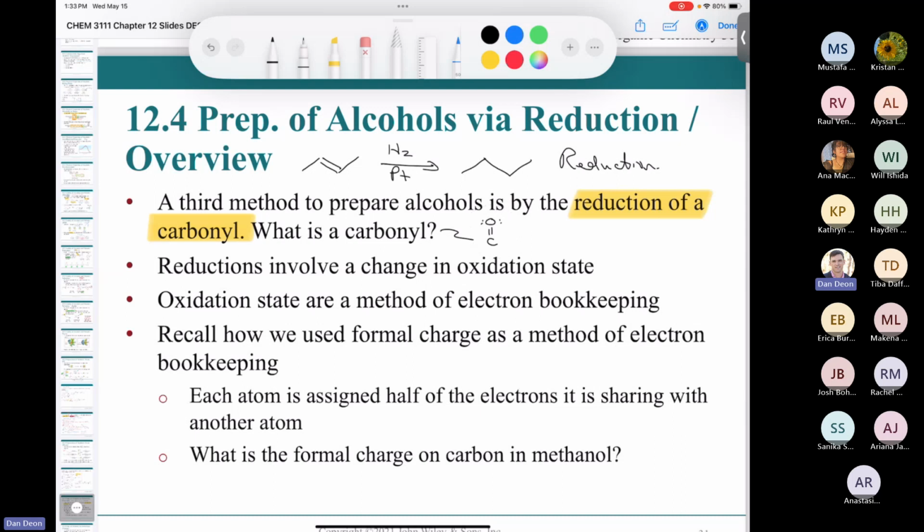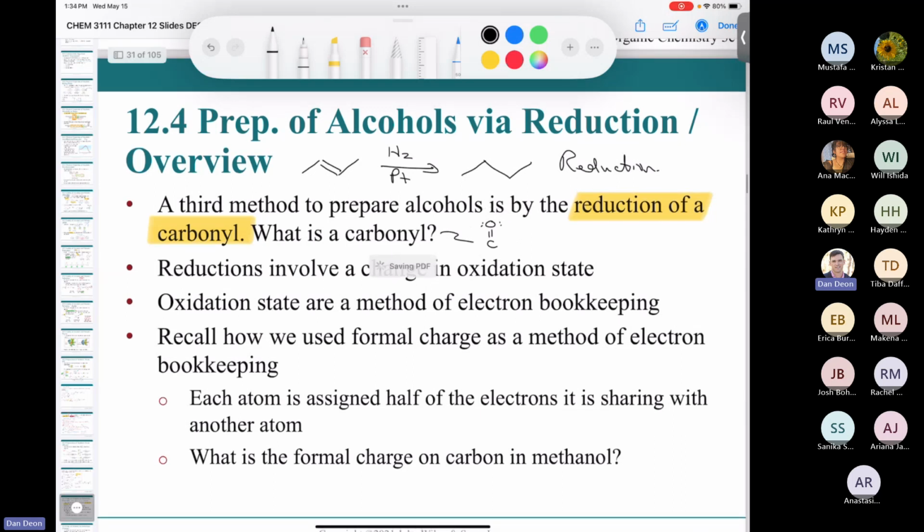Now, another aside that you might find a little annoying is that a lot of times when an organic chemist just says a carbonyl, we're only talking about aldehydes and ketones. I know it's a little annoying, but you've taken enough organic chemistry to know that we have strange ways of describing things sometimes.